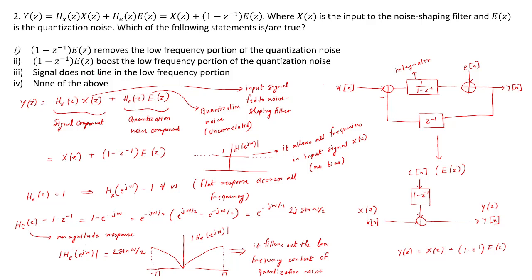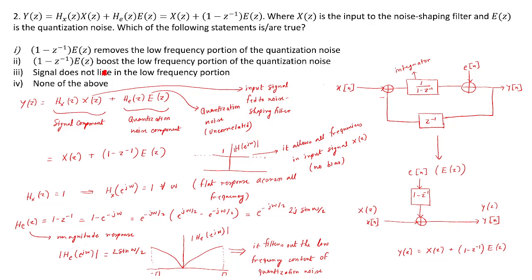And the signal does not lie, sorry, it should be not lie, it should be lie only. The statement says the signal does not lie in the low frequency portion, and that is not true because we have seen the signal is multiplied with Hx(z), which is a frequency flat response across all the frequencies. It allows low frequency as well as high frequency. It has no particular bias.